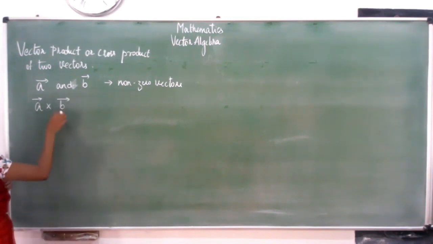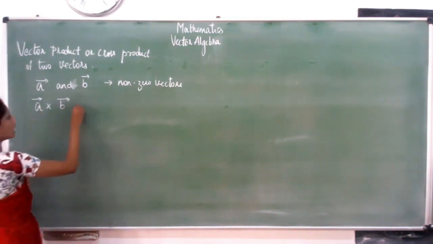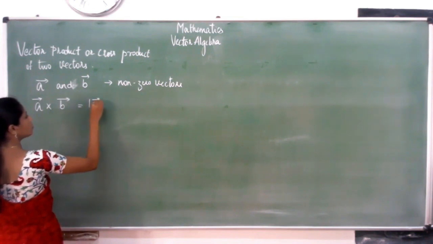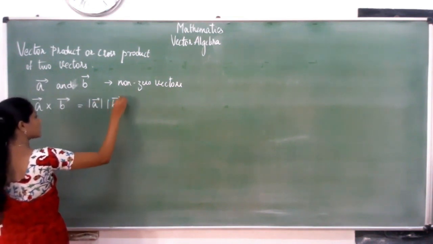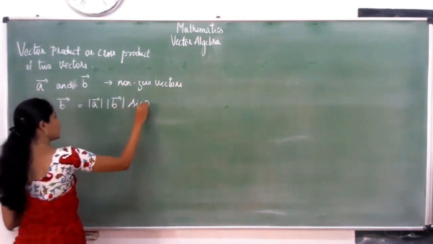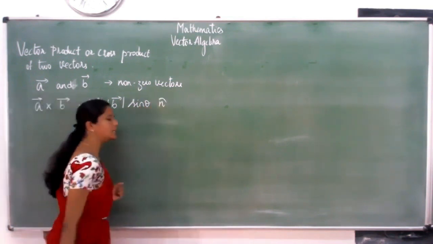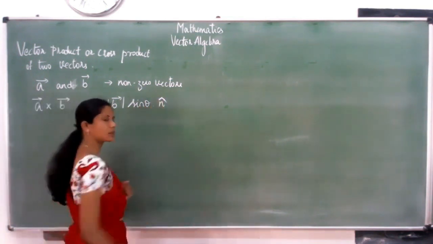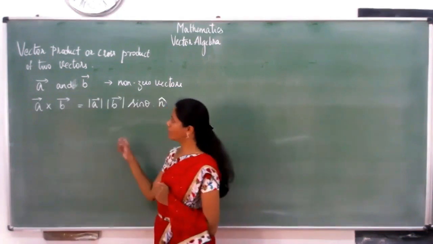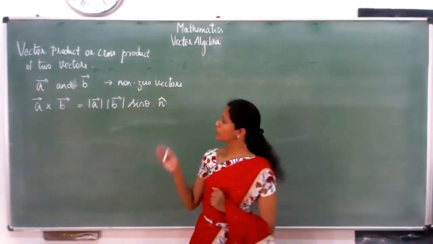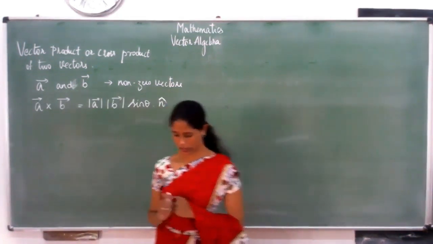So vector A cross vector B is defined as magnitude of vector A into magnitude of vector B into sine theta into n cap. Okay, so this is the definition for the vector product or the cross product.